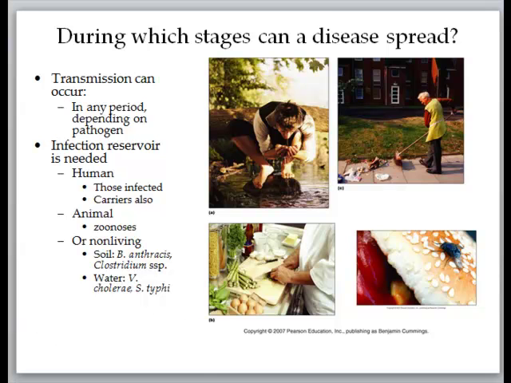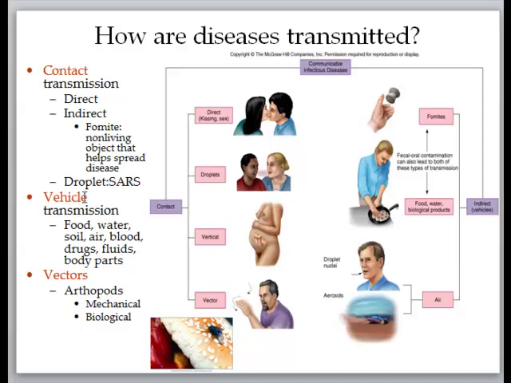Yeah, pretty yucky, right? So here again, diseases are transmitted through direct contact, kissing, contact. Here's vertical transmission, which is from a mother to a child. A vector would be something like a fly, a mechanical or a biological vector.